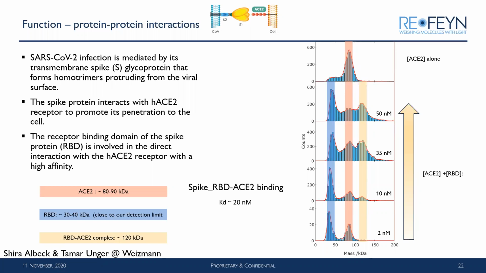We also combined it with RBD at different concentrations of the two molecules, either 2 nanomolar, 10 nanomolar, and increasing to 50 nanomolar. You can observe really nicely the increase in the complex, which is around 120 kilodalton.